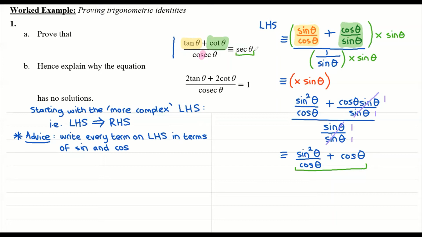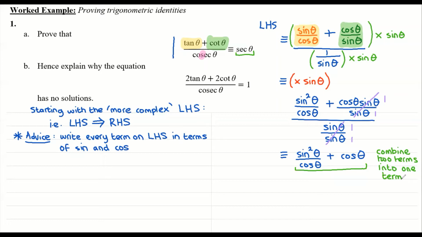So the sensible thing would be to combine the 2 terms into 1 term, because my answer, my sec theta, is just 1 term. So at some point, these are going to have to be added together.